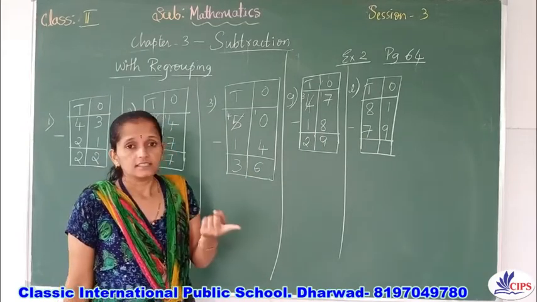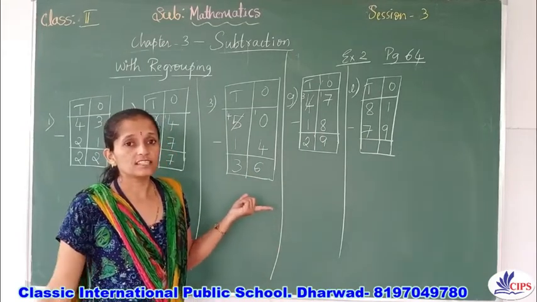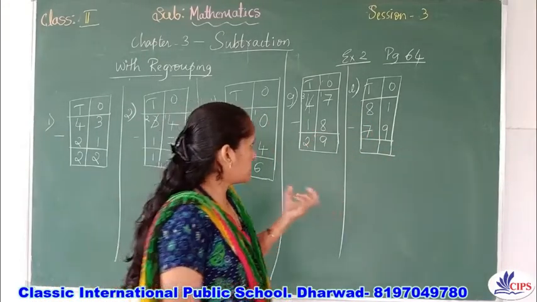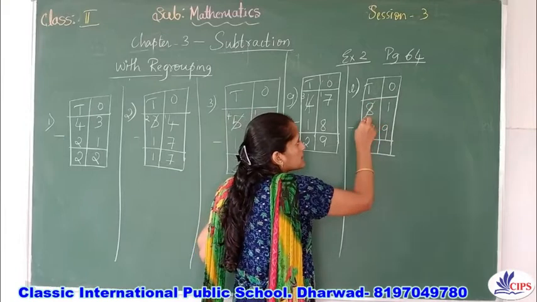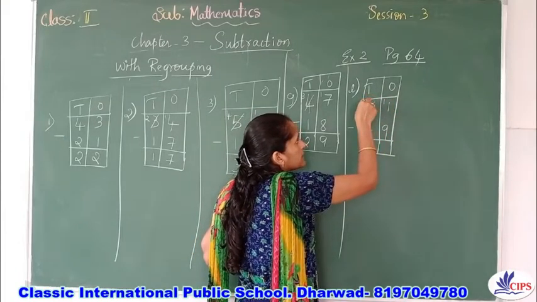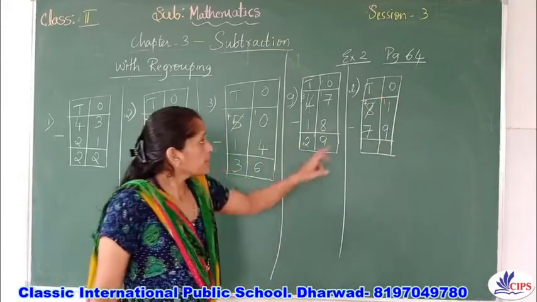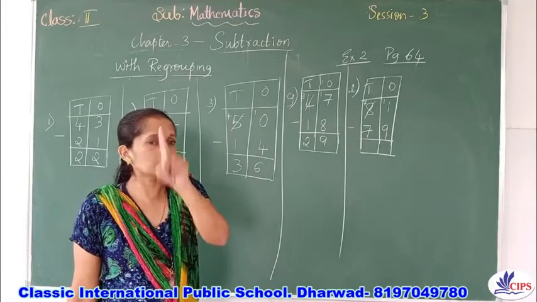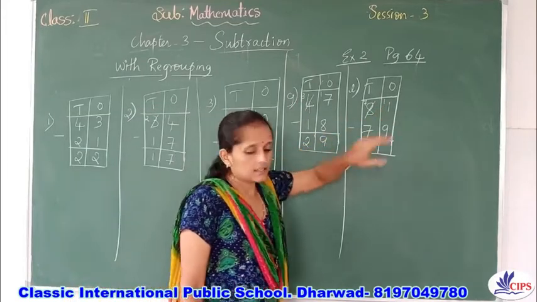What to do? Yes, we need to borrow from the tens place. Again cross out this 8. 1 will come here and 8 will become 7. It always becomes 1 less. So now it is 11.